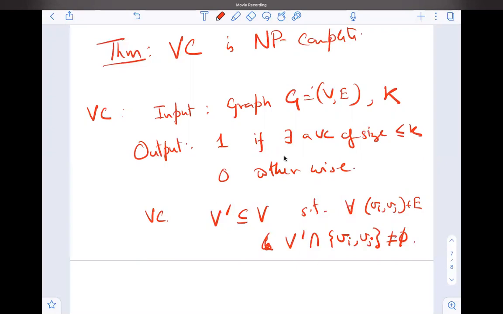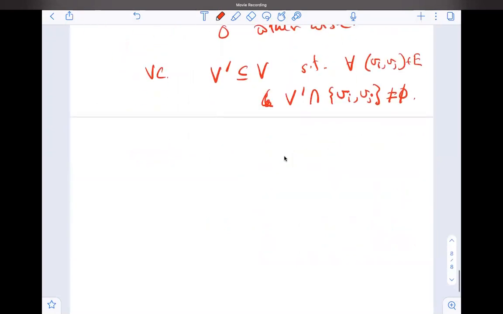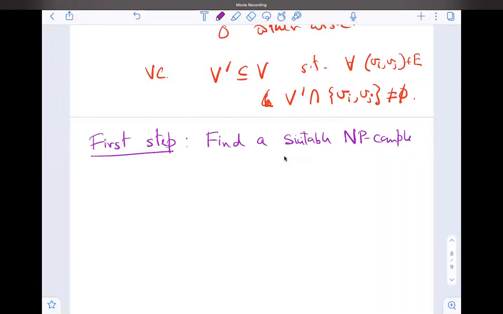The first step is to find a suitable NP complete problem L and prove L is easier than vertex cover.